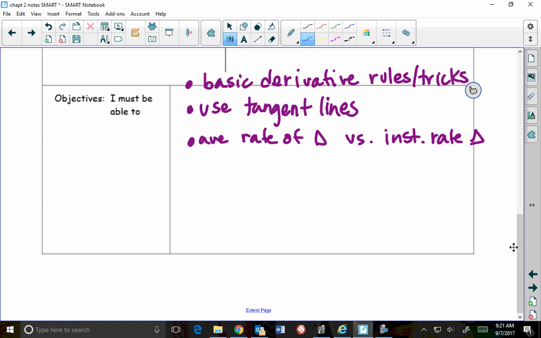And tomorrow we're going to do a lot of that with position, velocity, acceleration. So we can go ahead and put it on there, but this is going to be tomorrow. So position, velocity, acceleration relationships.